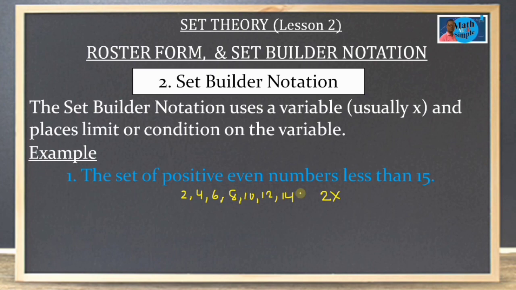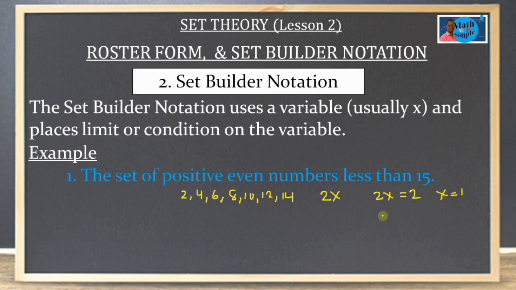Then the limit. The limit is such that we need to know what value of x will make this statement true. So we take the 2 and equate it to the expression 2x. 2x equals 2, so x will be 1.